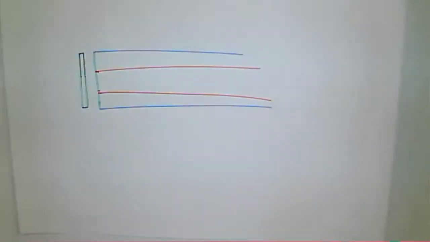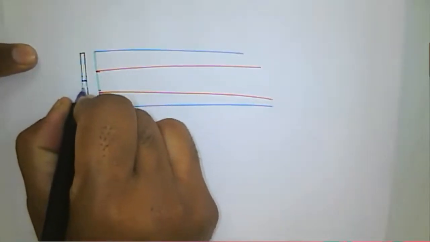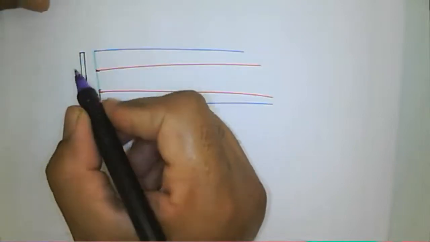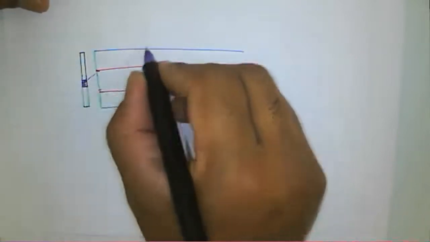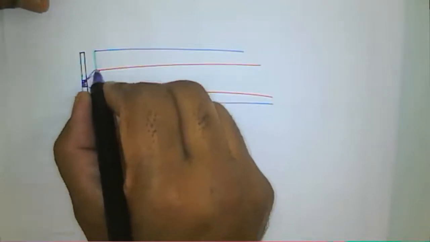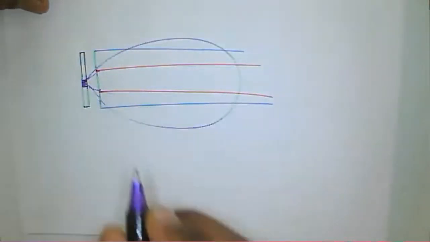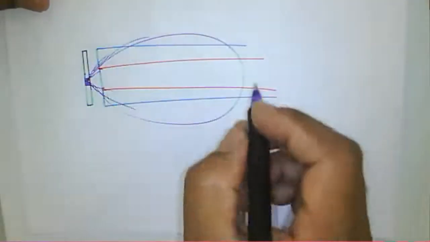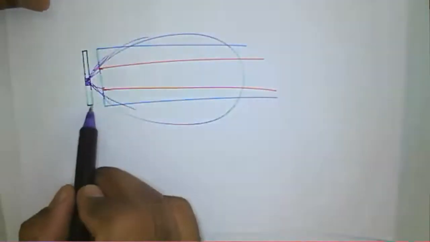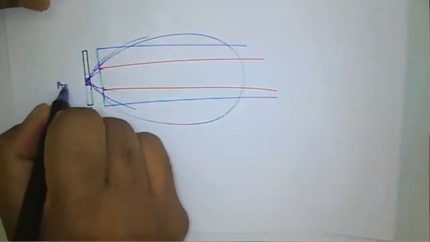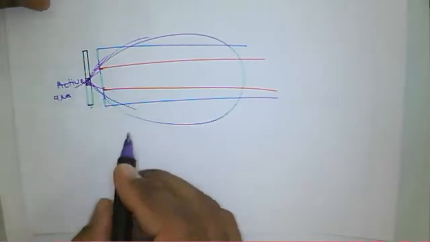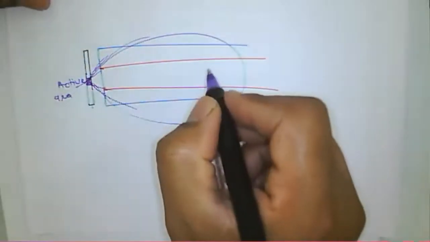This one is the core of your optical fiber, and this one is your active area. Now from this particular active area, this one is the radiation pattern of this source.